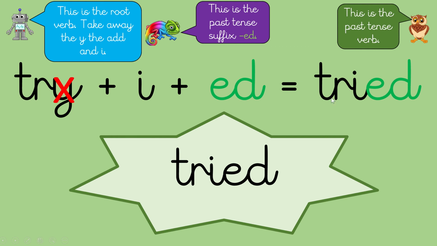Okay, have a go at reading that one then. Fantastic. I'd tried. Okay, can everybody read this one then? I'd tried. Brilliant. Let's have a look at the next one.